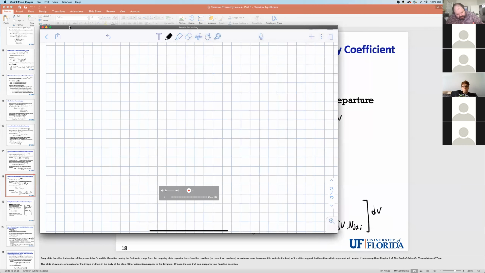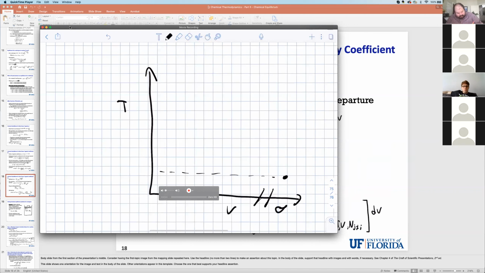Okay, so recall that when we defined the departure function, we were integrating in volume, so this would be infinity and then temperature. We would define a reference state here at T ref.